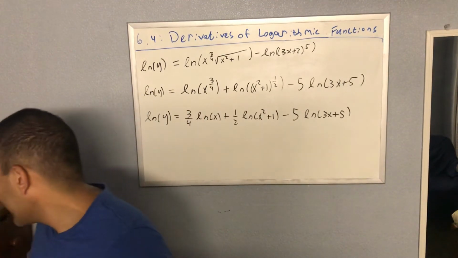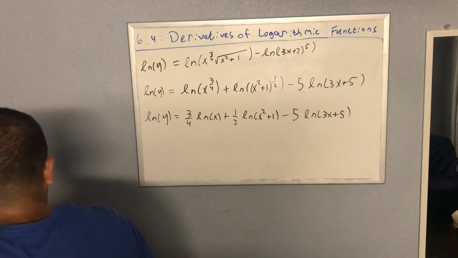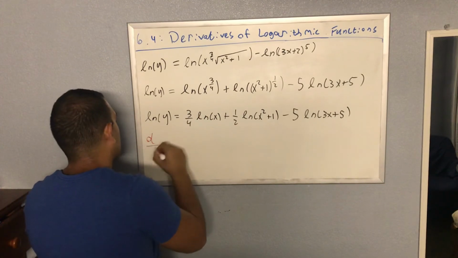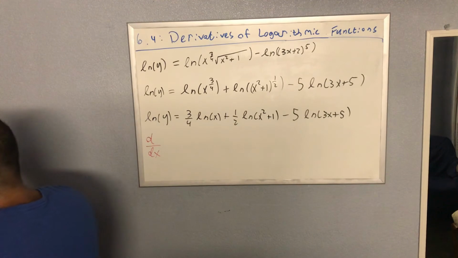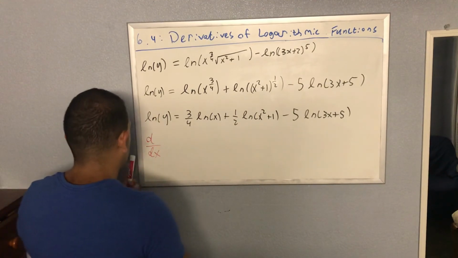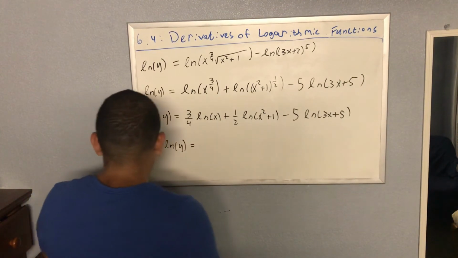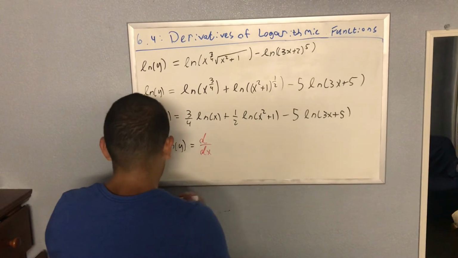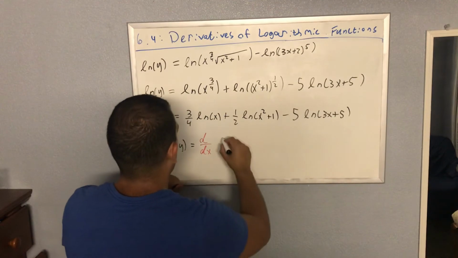Okay, and now we're ready to take the derivative. So now we take d over dx, because that's our variable. You take d over dx on both sides: d over dx of ln of y, and d over dx of this guy.